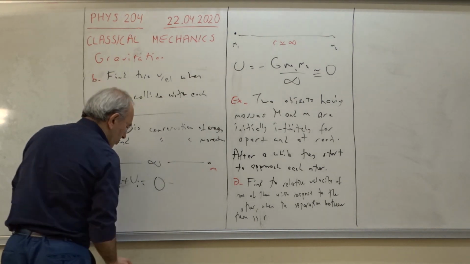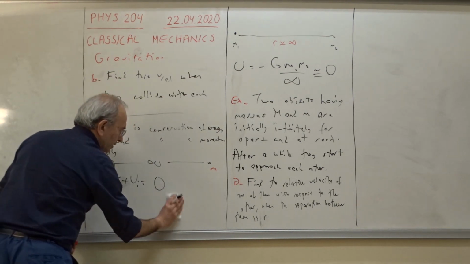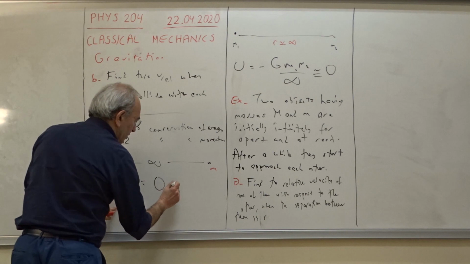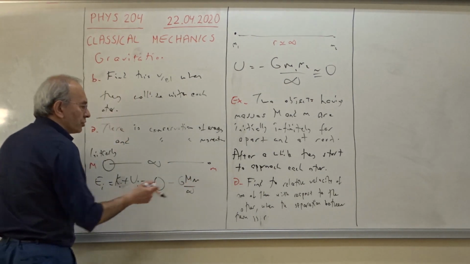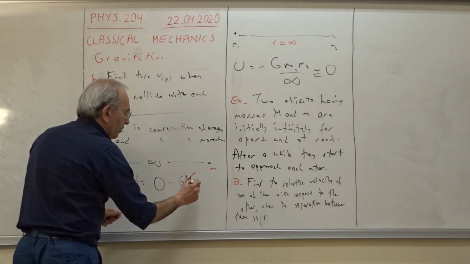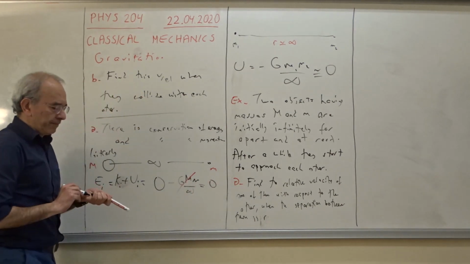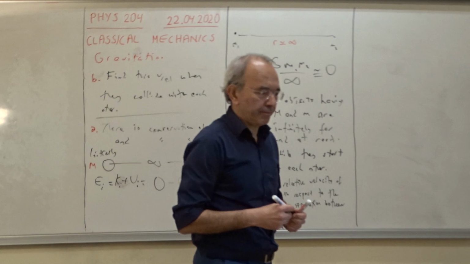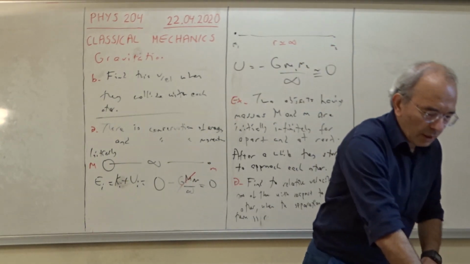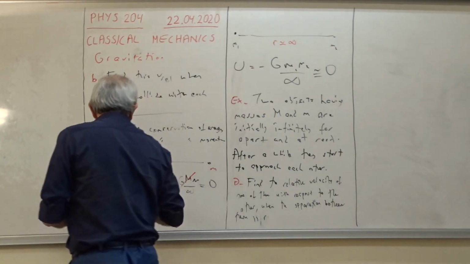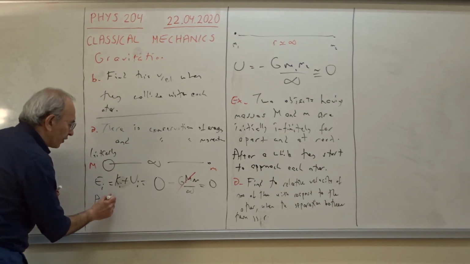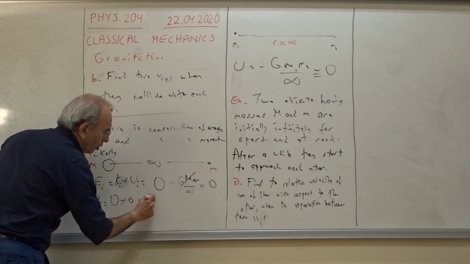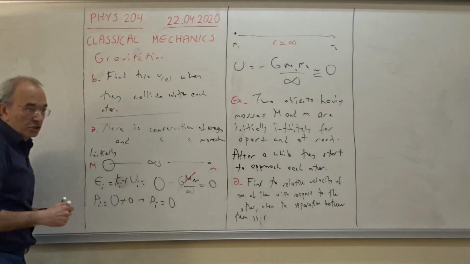According to this formula, it is negative G m M over infinitely far away, so this is also zero. Totally, there is no initial energy of the system. What about the initial momentum? P initial. 0 plus 0, so P initial is also 0.